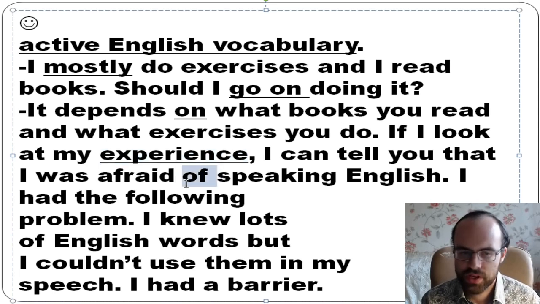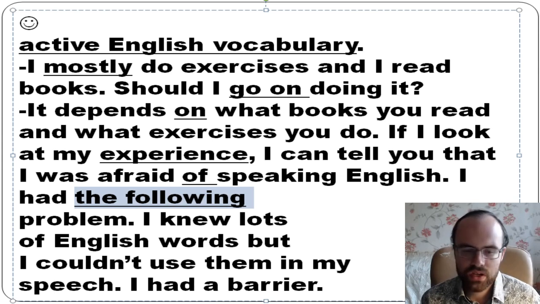We say afraid of speaking, that I was really worried about that. I couldn't speak. And I had the following problem: I knew lots of English words, but I couldn't use them in my speech. I had a barrier, so I had some problem and I couldn't speak.